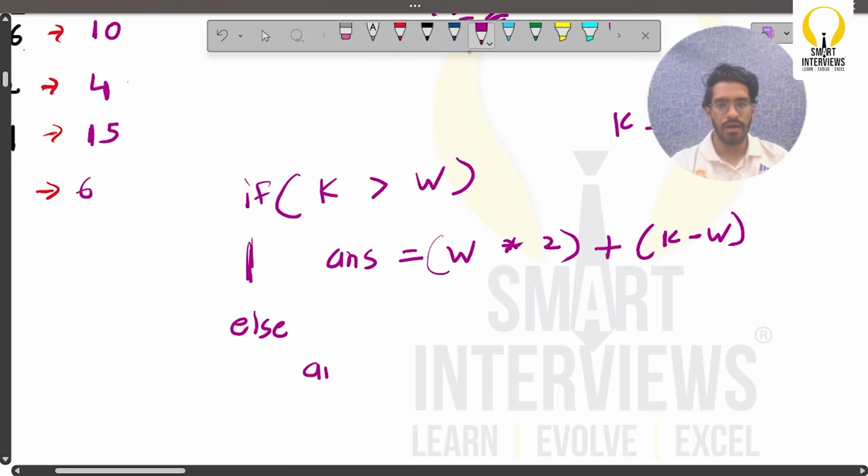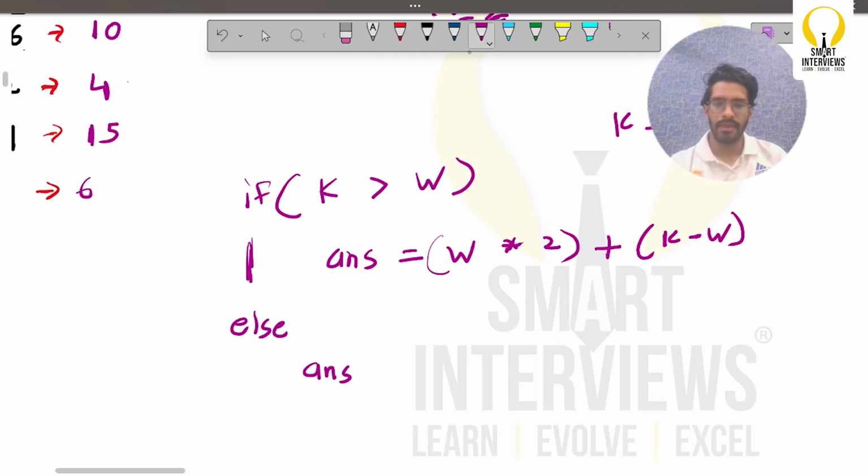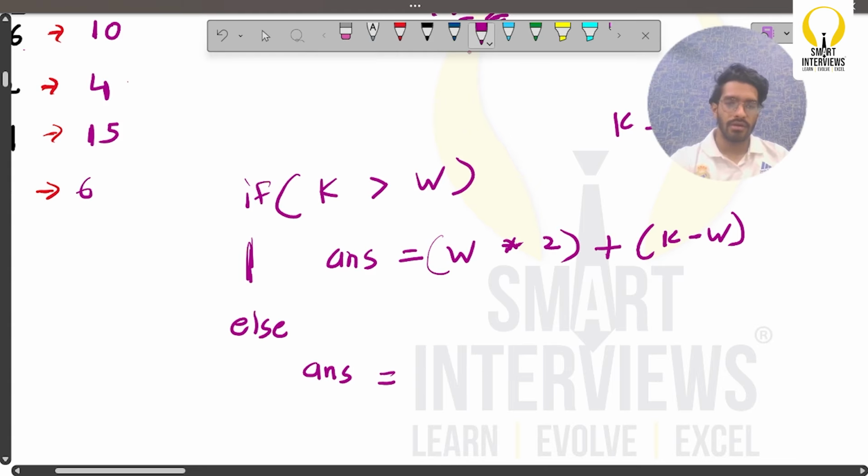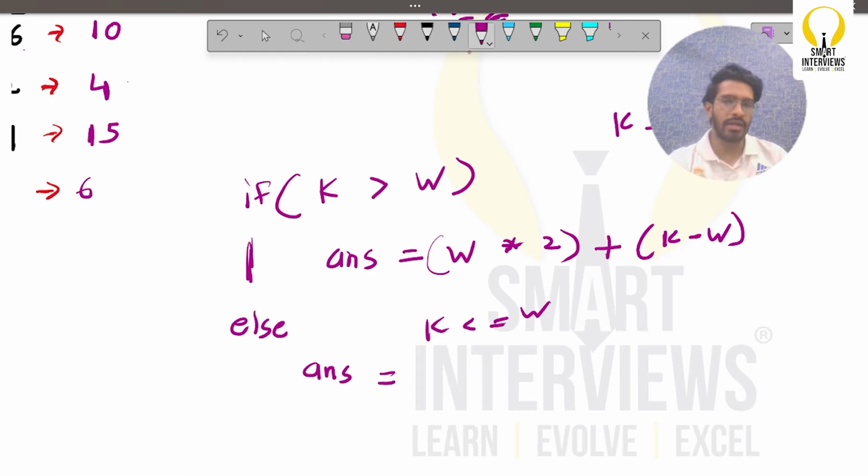We would have answer is equals to, now let's say in this case K is less than or equals to W. It enters the else condition when K is less than or equals to W. Basically you have more number of wooden chairs than the K number of chairs that you have to buy.